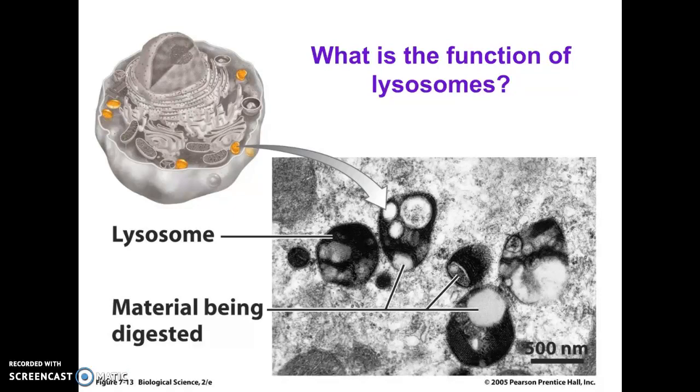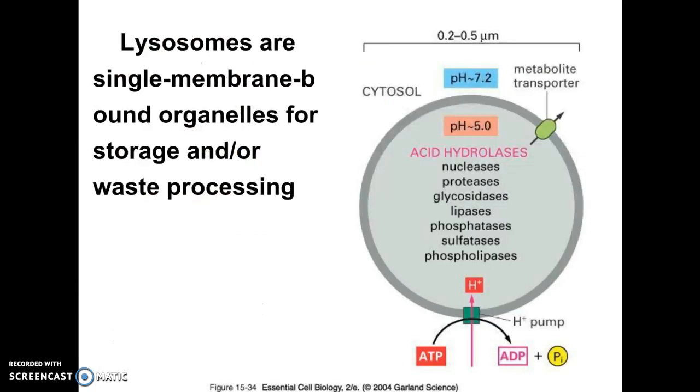All of those enzymes only work at an acidic pH, and so we use proton pumps, very similar to the ATP synthase but running in reverse. This proton pump is going to acidify the inside of the lysosome to make those enzymes work. If the lysosome ever popped and its contents spilled out into the cytosol, those enzymes would be rendered ineffective because it's at the wrong pH.